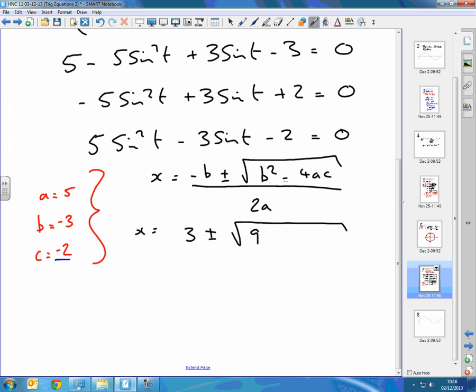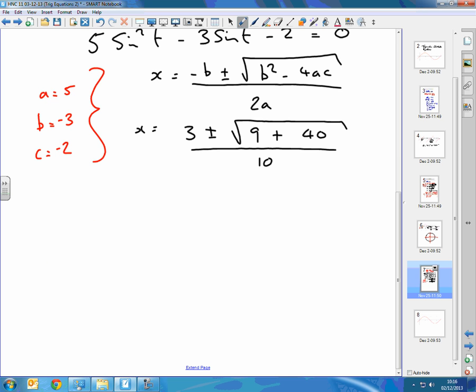So we end up with plus 4 times a, which is 5, 4 5s are 20, times 2, which is 40, all over 2 times 5, which is 10. So x equals 3 plus or minus the square root of 49 is 7 over 10.